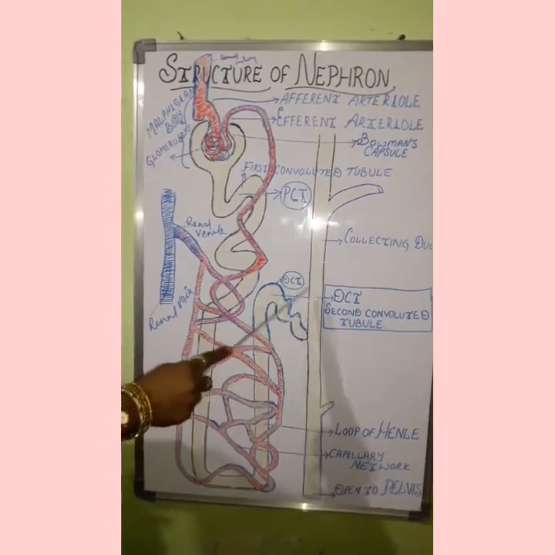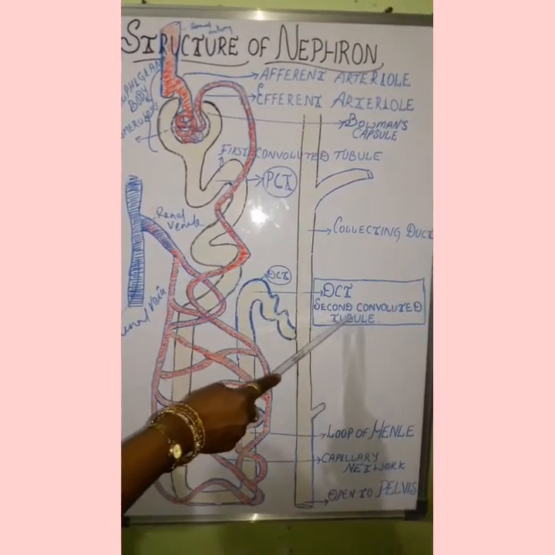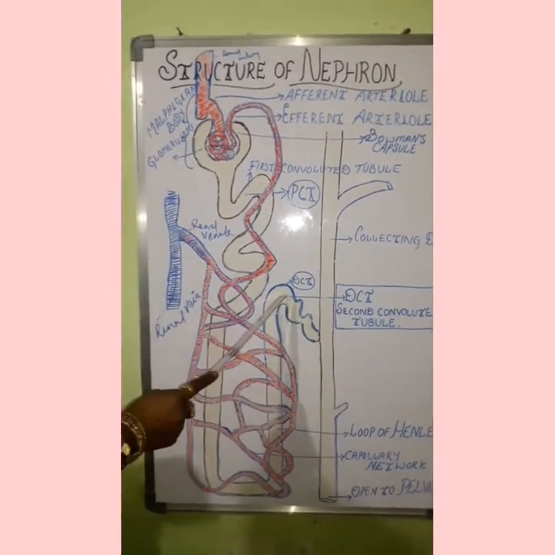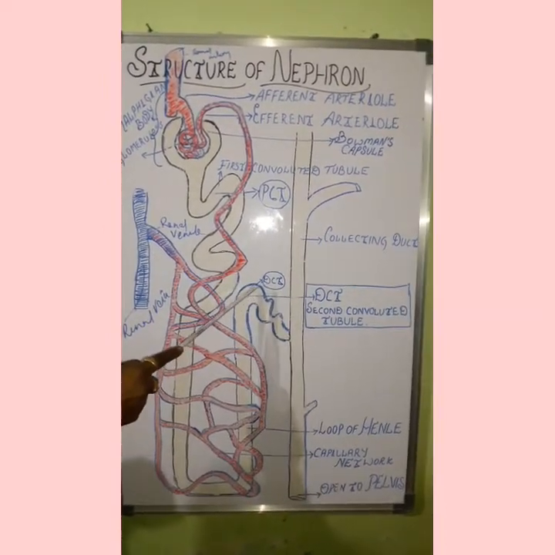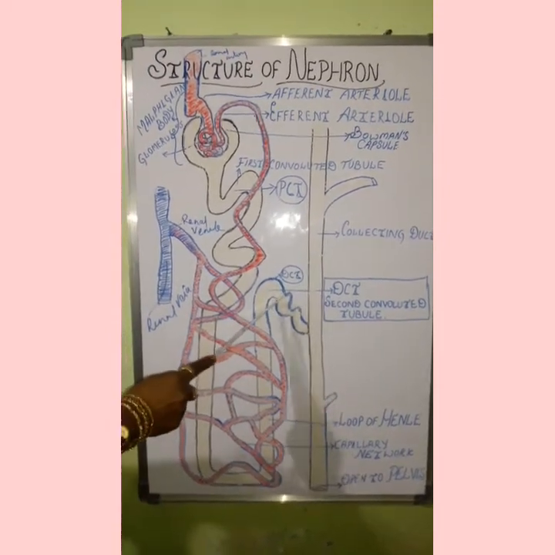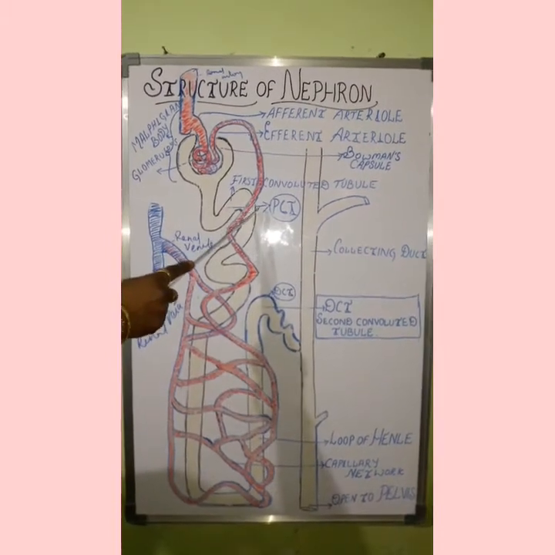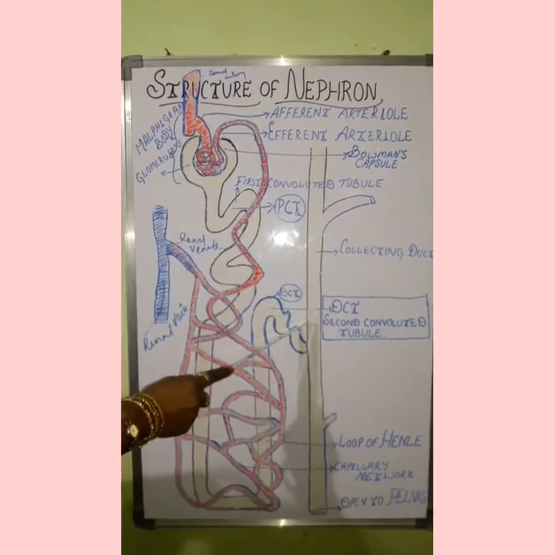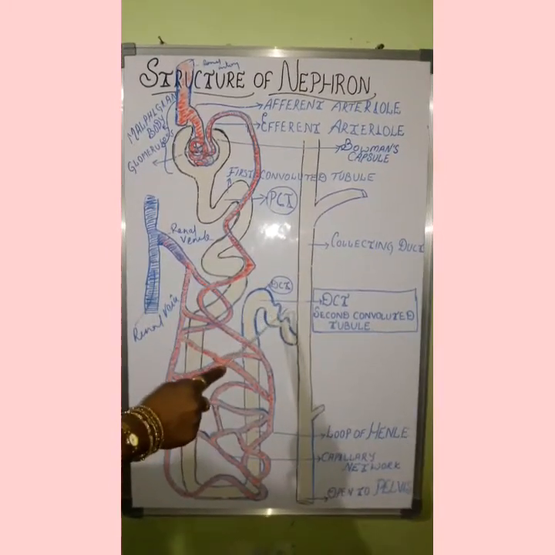After the reabsorption in the PCT region, the primary urine enters the Henle's loop and moves to the second part of the convoluted tubule, that is called the DCT. So here the tubular secretion takes place. Through the Henle's loop, it moves to the DCT.